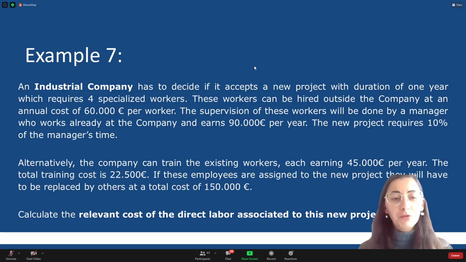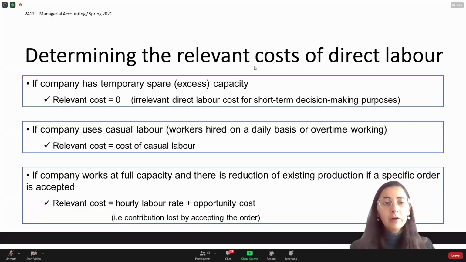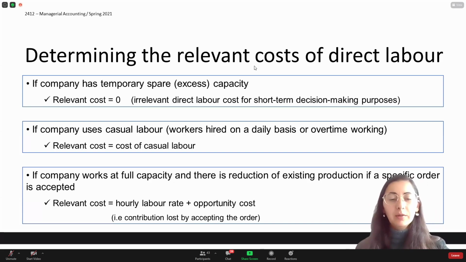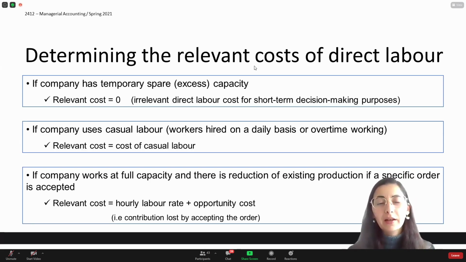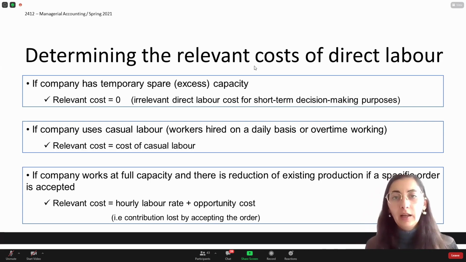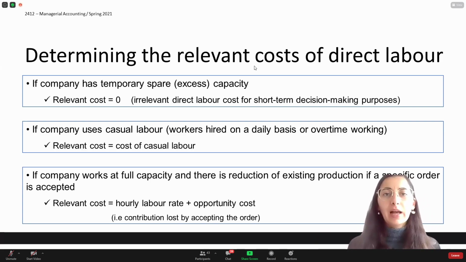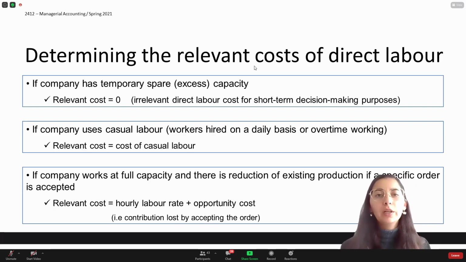But notice, if you go back to the previous slide, in terms of relevant cost of labor, if we have temporary spare capacity, so if the manager is doing nothing, the relevant cost is 0. Now, if we will use 10% of the manager's time, the manager is working full time, he's busy, but we ask him to work 10% on this special order, so he will work extra hours, and we will pay him these extra hours.